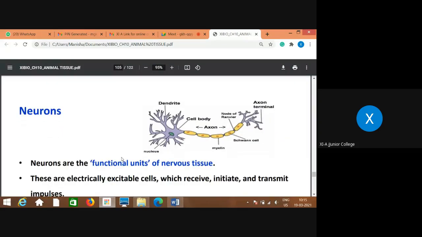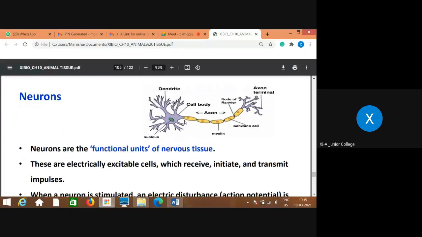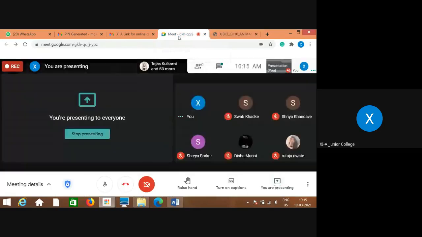Then what else does the cytoplasm contain? Granules, which are nothing but RER, responsible for protein synthesis. So this is about the nervous tissue.